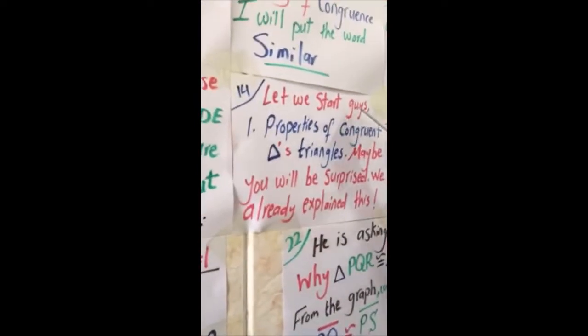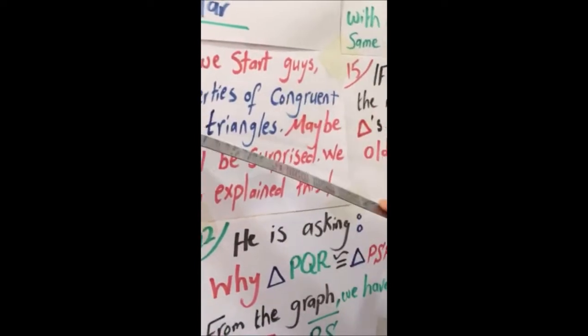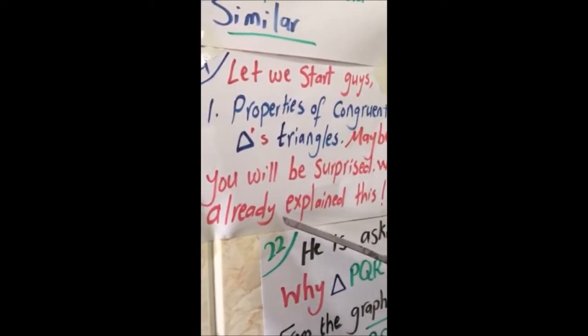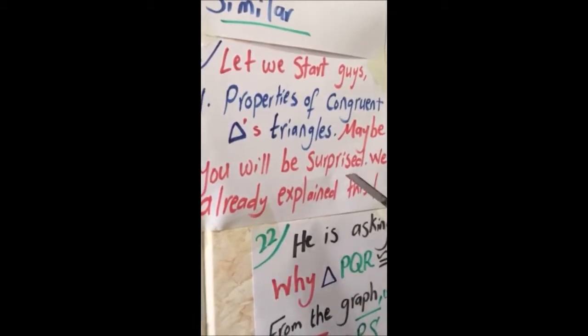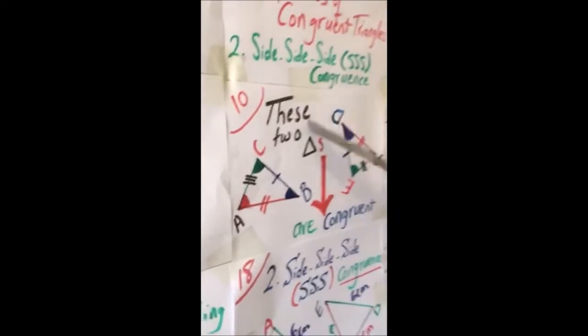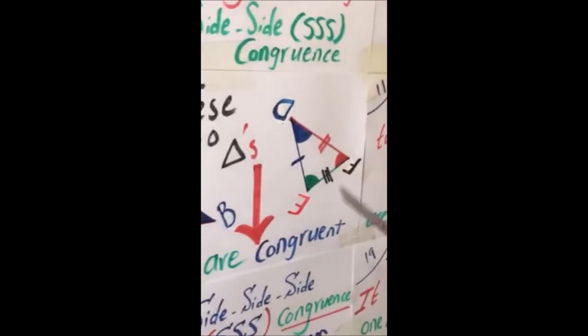So, let me start with number 1, properties of congruent triangles. Maybe you will be surprised that we already explained this. Let me go back to this paper. If you remember, when we talked about these 2 triangles, this case is actually number 1.